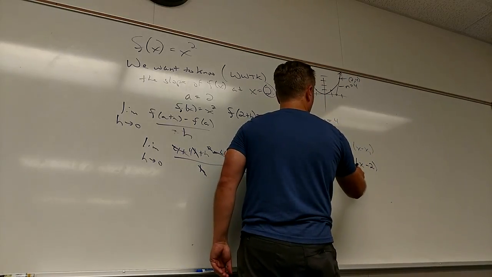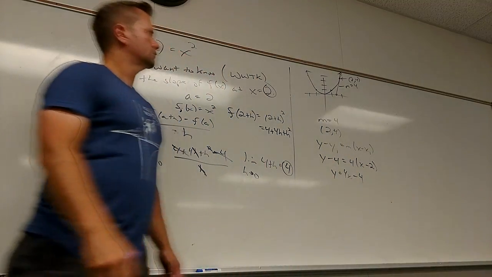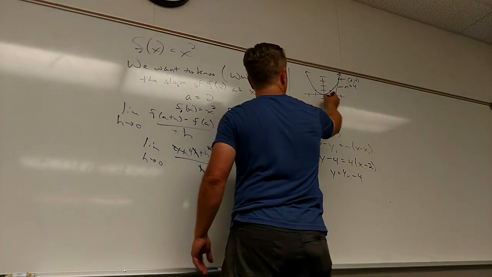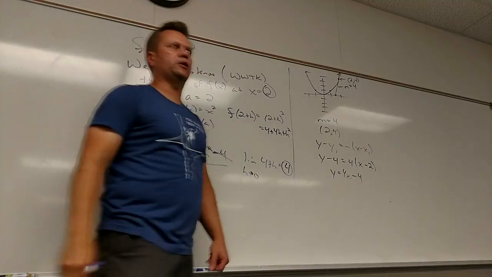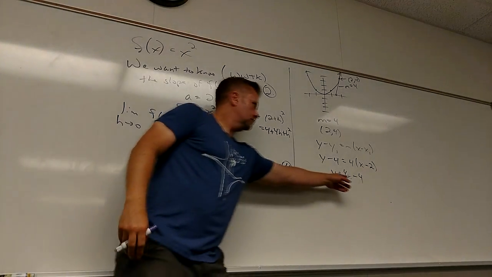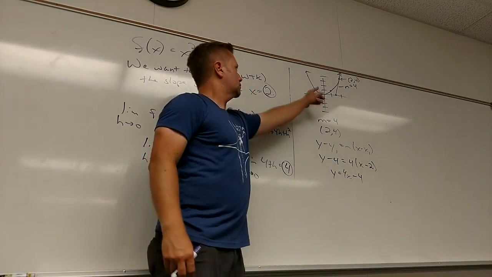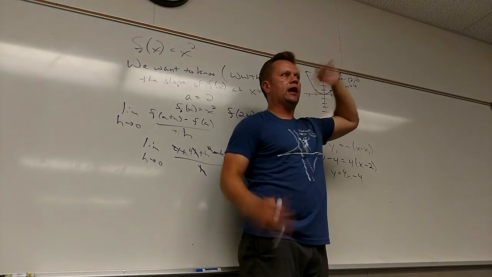So y equals 4x minus 8 plus 4, so minus 4. And that jives with my little picture here. It looks like it's going to hit down there at negative 4. Is that cool for the y-intercept? That is the line that has the same slope at this point and touches it only at that point. That's the tangent line.